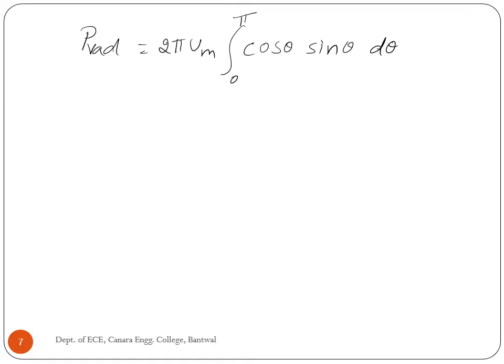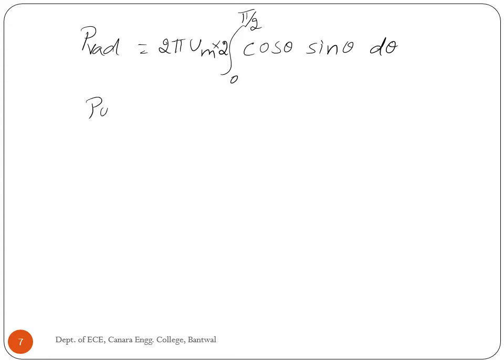If I continue like this, I'll get 0, but directivity or radiated power may not be 0. That's why I have to change the limit. To change the limit, I will multiply by 2 and change the integral limit to 0 to pi by 2. Now 2 into 0 to pi by 2 is equal to the integral of 0 to pi. I will continue here.